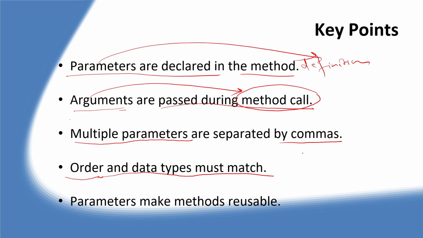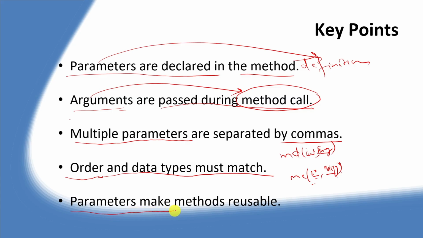In the method definition and method call, whatever order is there of the parameters, we need to follow the same order. If it is int, while passing values in the method call we have to pass an integer value. And if the second parameter is a string, we need to pass a string value in the second parameter. So we need to maintain the order. That is what is written: order and data types must match.